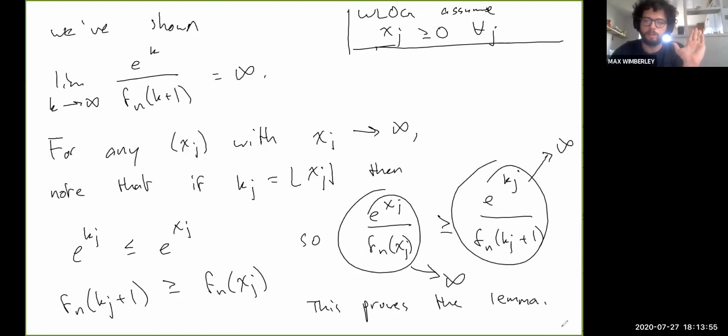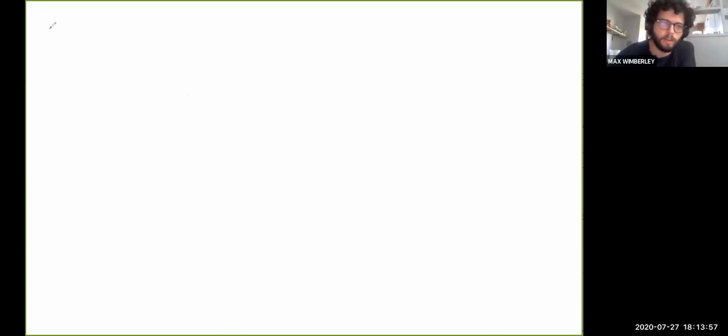And now it's actually pretty easy. So let epsilon be greater than 0, or sorry, what am I doing? Pick epsilon equals 1.